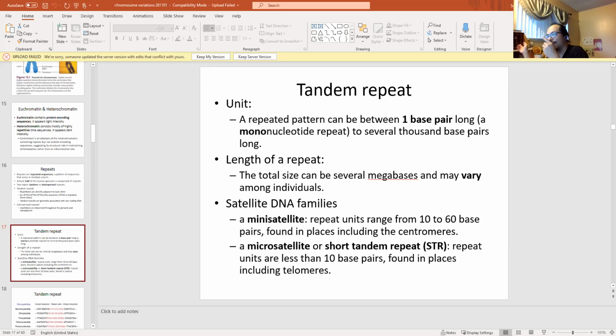The length of the repeats, the number of repeats, is also called the variable number. The length is a typical way to say it, and number variable is also a common way to say it. It is individually different, and that's how we can get this sequence and see whether the lengths of two samples match or not.